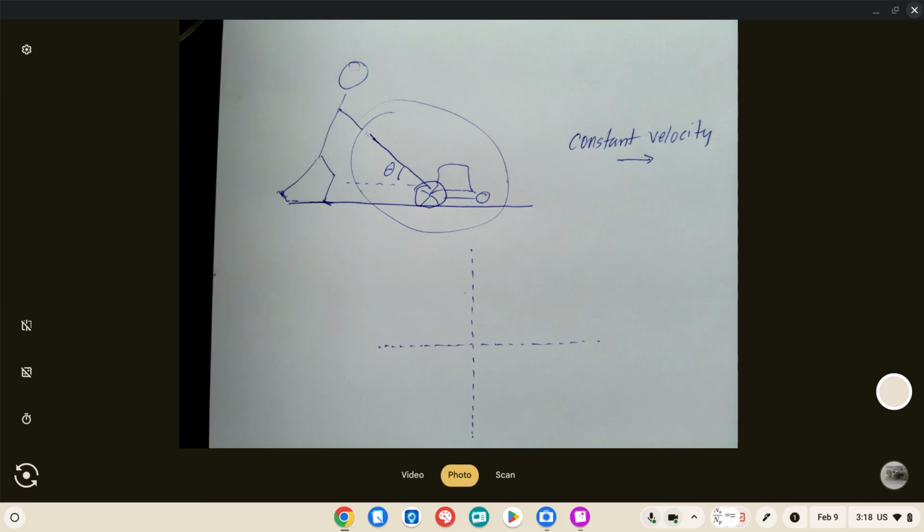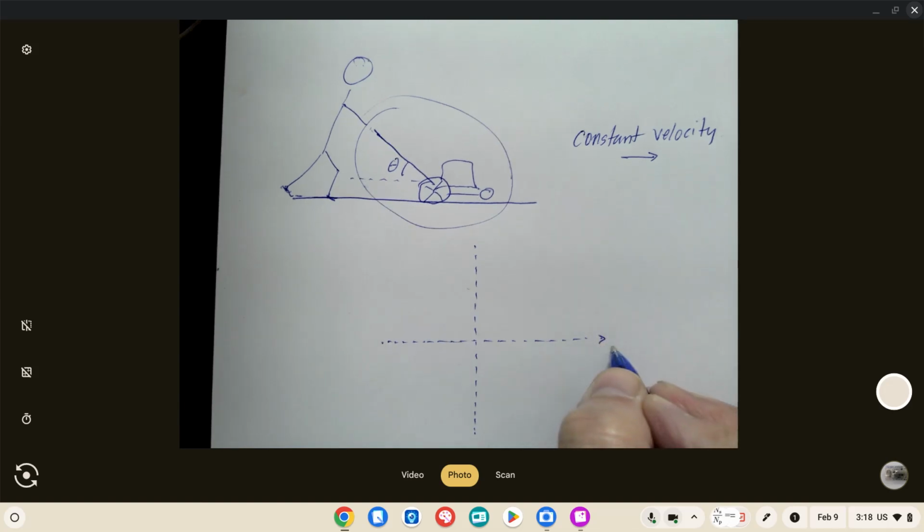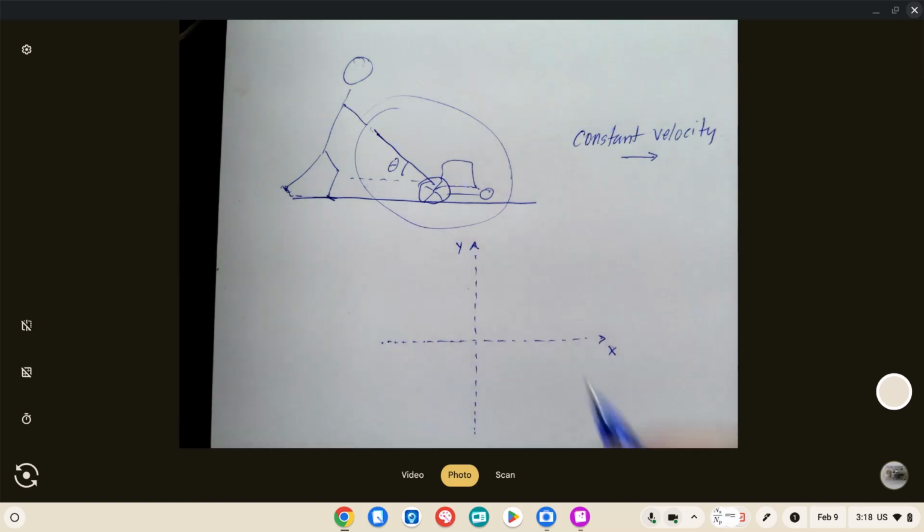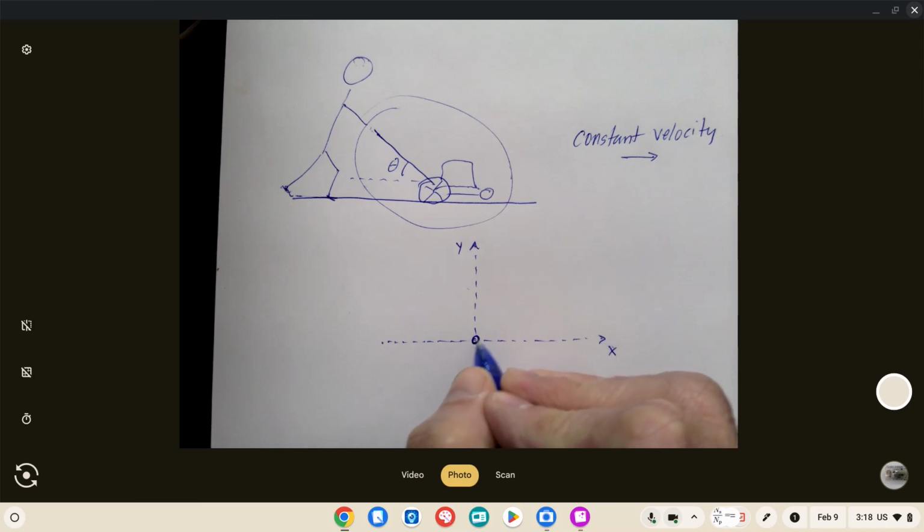If you line your axis up differently than that, you may have an acceleration on both axes and the math gets terribly complicated. Okay, and then let's call this the x-axis and this the y-axis, or you could say horizontal and vertical. Then you draw a dot to represent the lawnmower. Okay, that's what that dot represents.